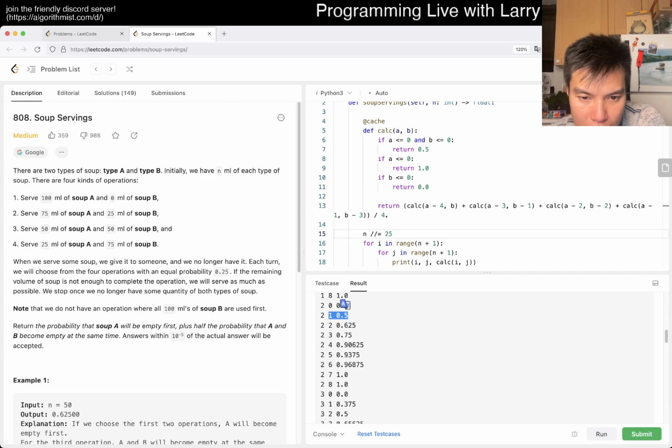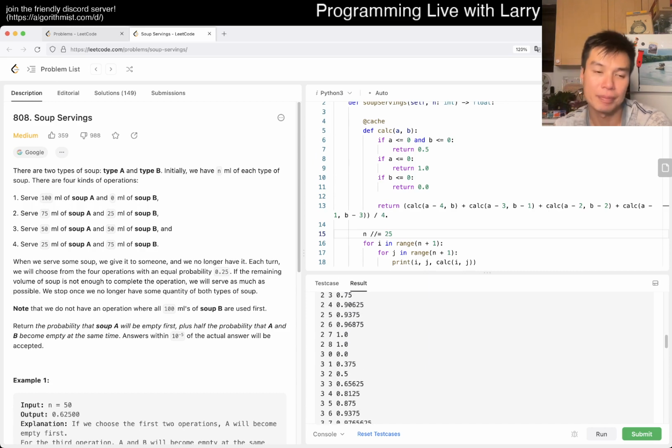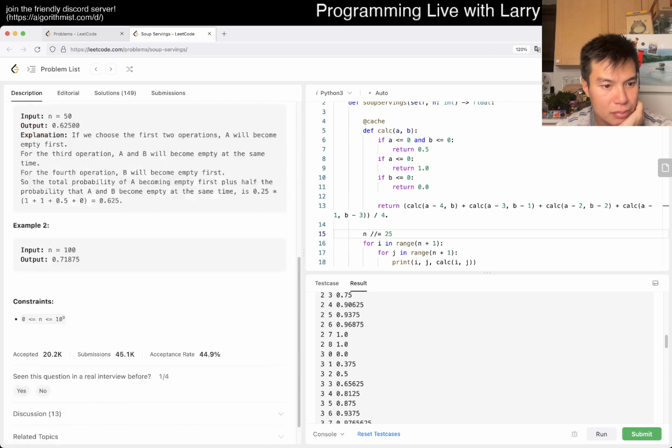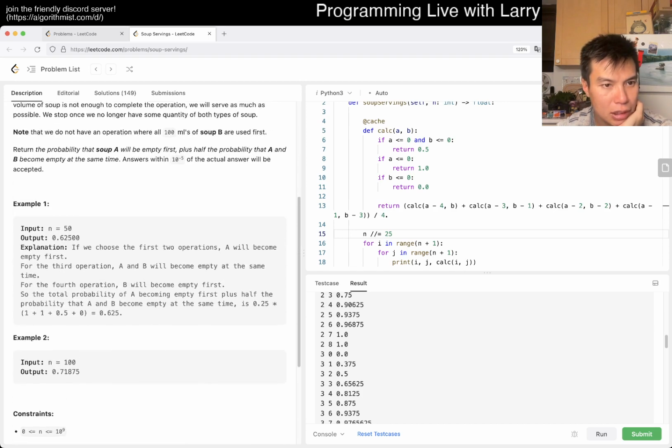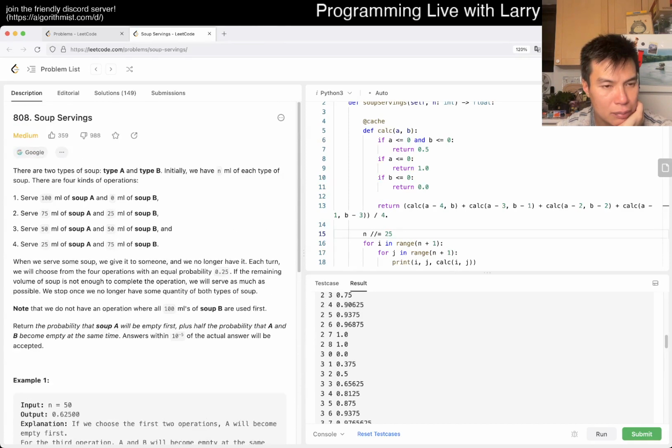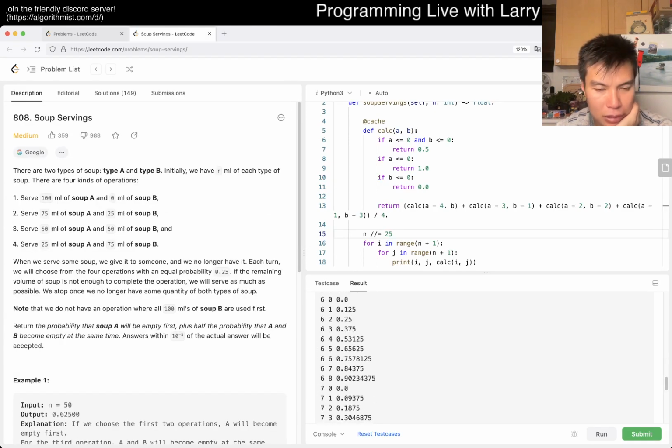There's 1/2, 5/8, 6/8. The denominator will always be 8, but I don't know. 10 to the 9, huh? I don't know how to do doubling.